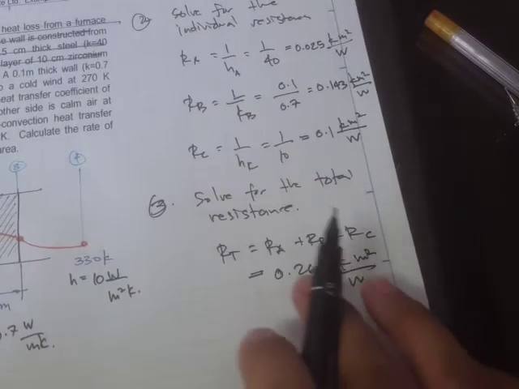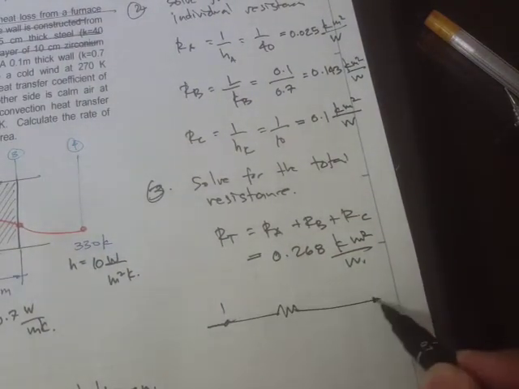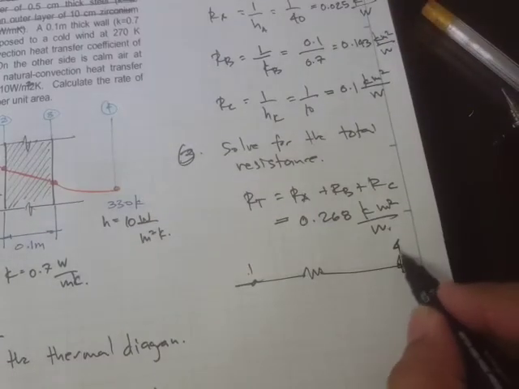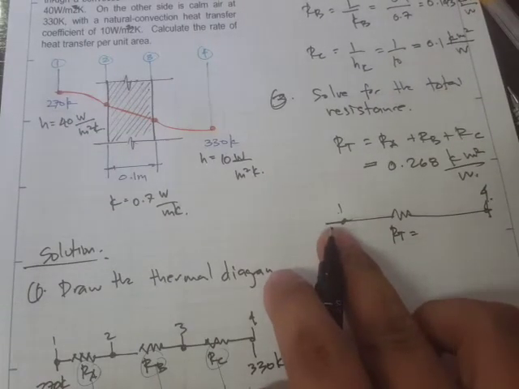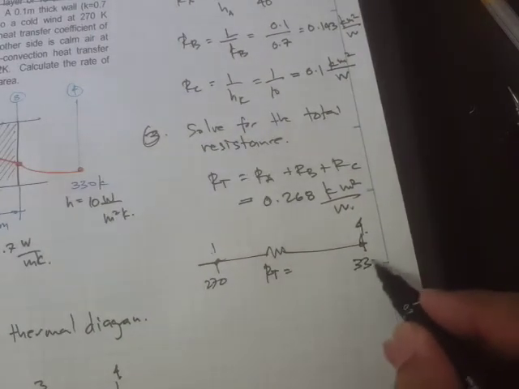Okay, now once you have this total, here's our point 1, and here's our point 4. So here's our R total, and the temperature is 270 here, and here is 330.